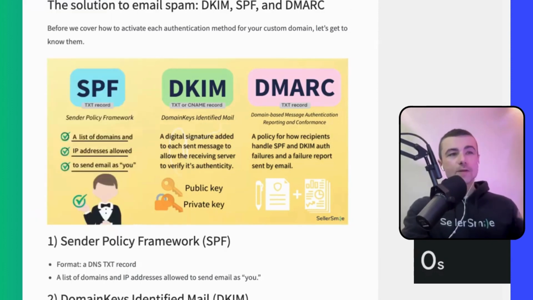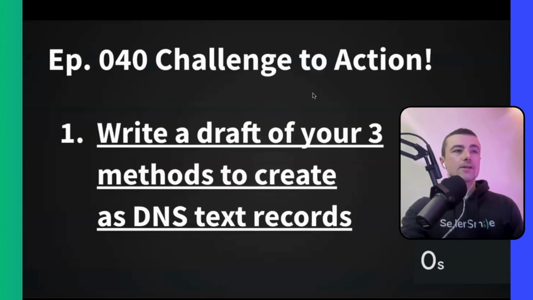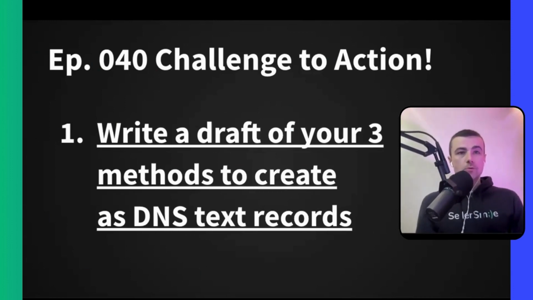And with 5 minutes up in our explanation of an introduction to email authentication, I'd like to come to the challenge to action. So there's a lot to take in here. You need to really understand SPF, DKIM, and DMARC each separately to understand how they're written, why they're written in a certain way.